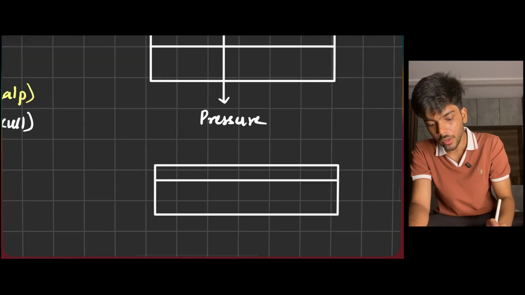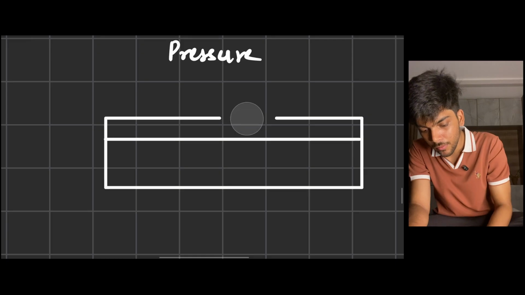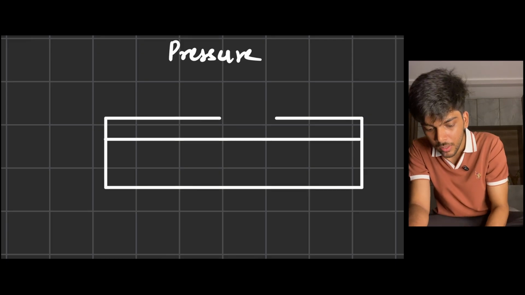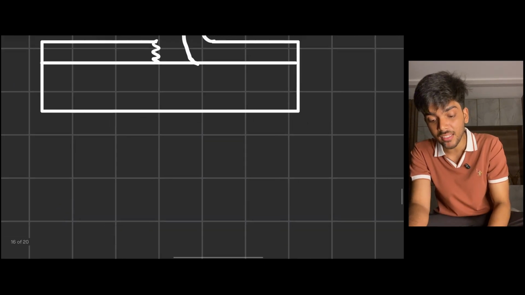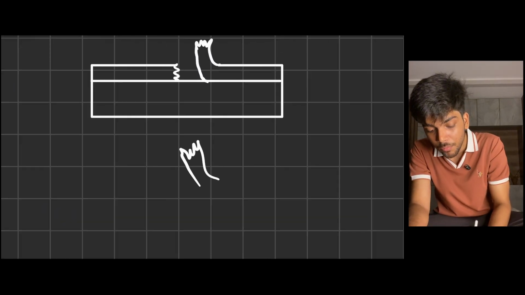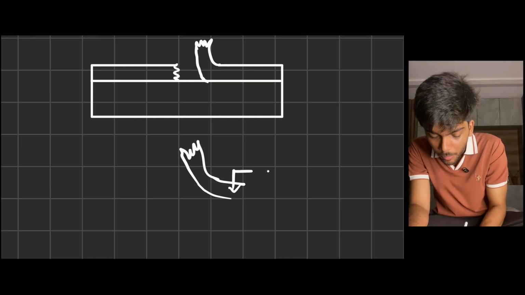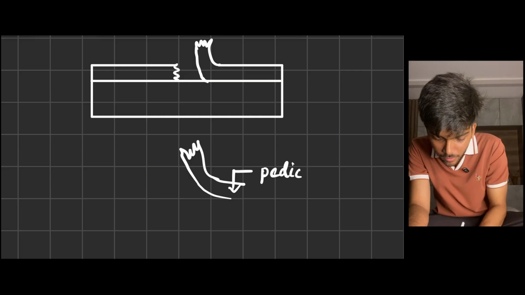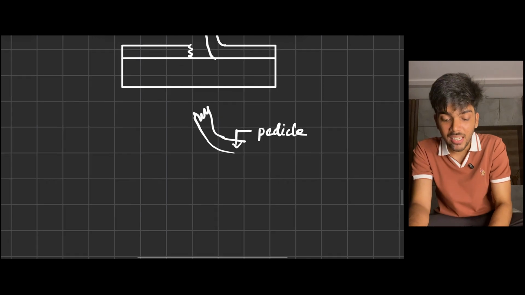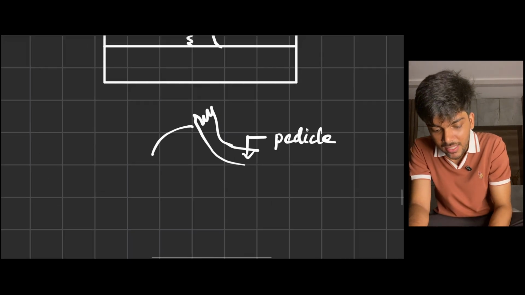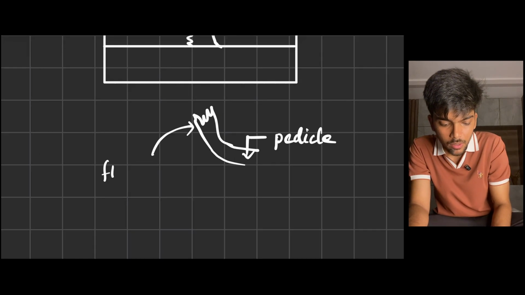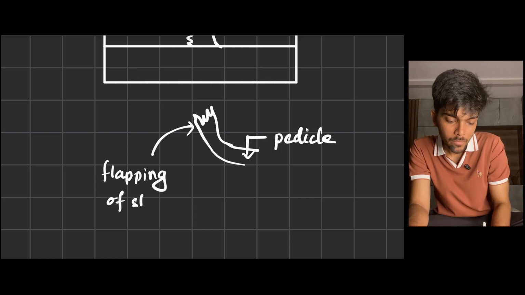As a result, a part of the skin gets pulled out, like this. But it is not completely detached. The part of the skin that has been pulled out is still attached to the base with the help of a pedicle. So the skin is not completely detached, and this is referred to as flapping of skin.